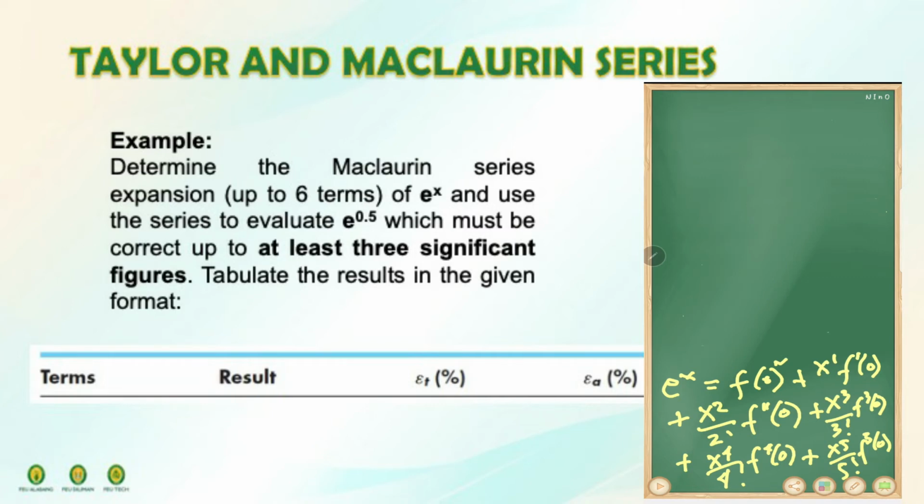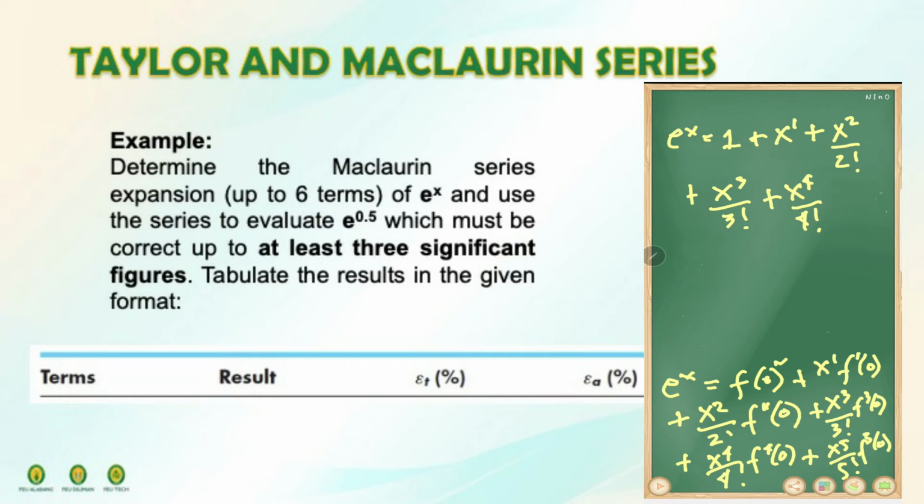So let's evaluate the value of e to the x. Again, e to the x is equal to f of 0, which is 1, plus x over 1 factorial multiplied by f prime of 0, which is 1, plus x squared over 2 factorial multiplied by 1, plus x cubed over 3 factorial multiplied by 1, plus x to the fourth power over 4 factorial multiplied by f prime of 0.